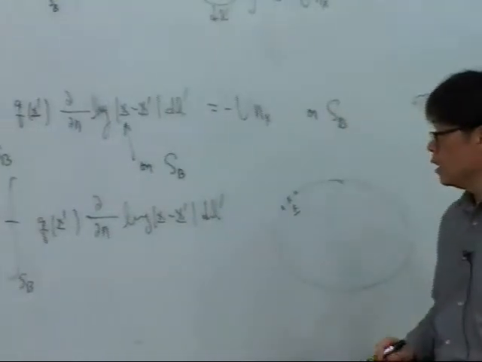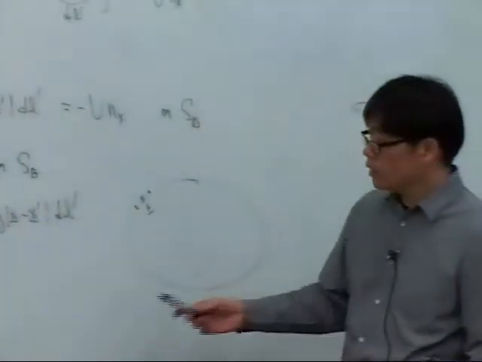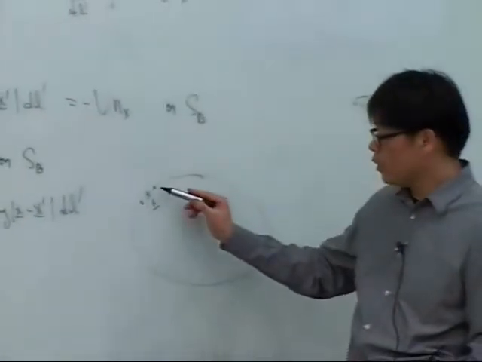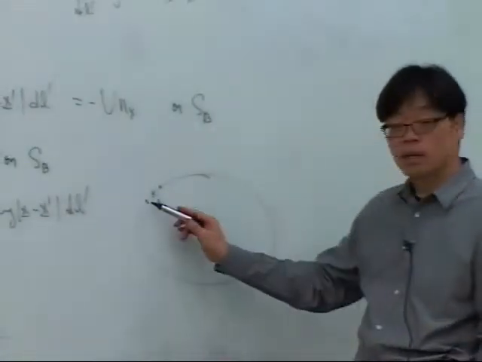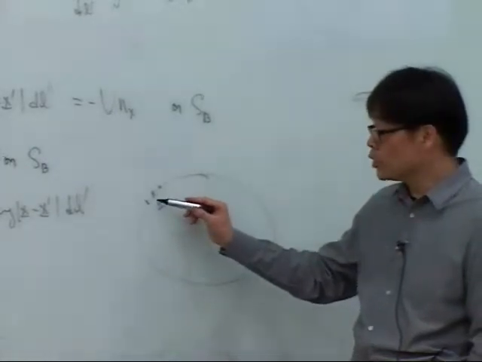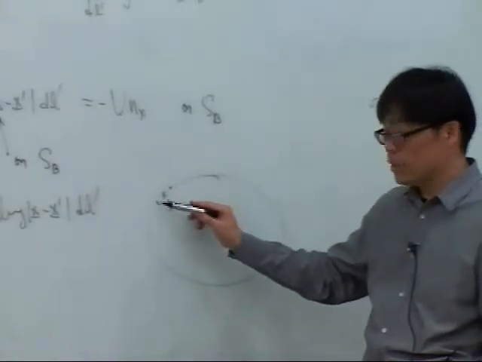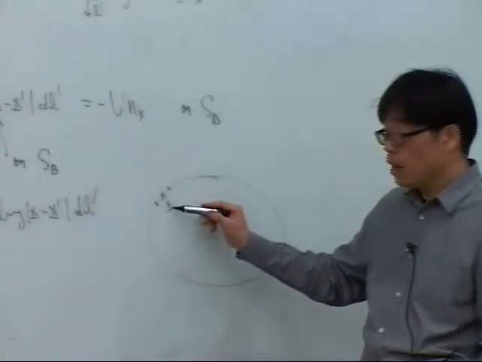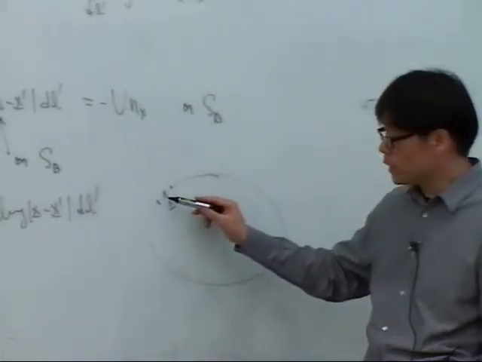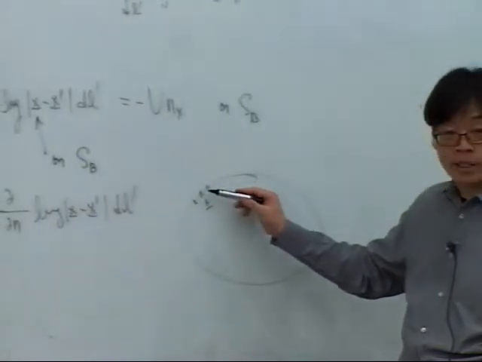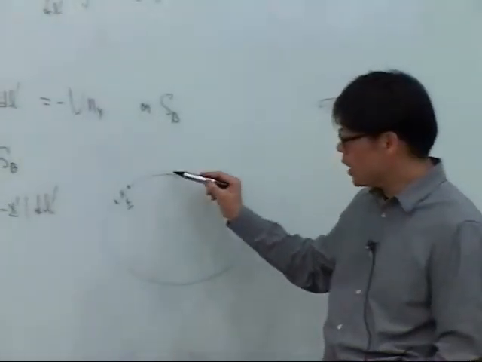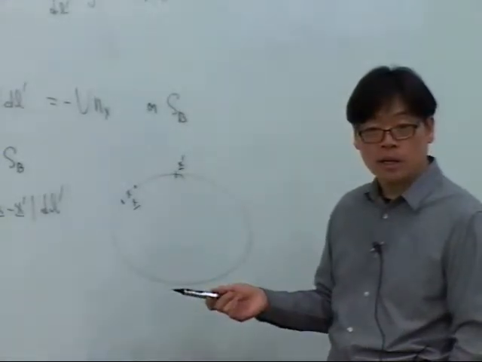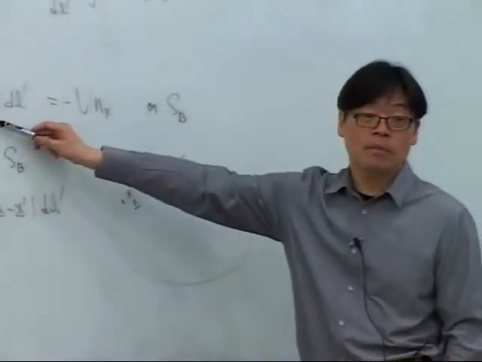Okay? So with the integration over the body, I'm integrating over everywhere else, but I exclude the neighborhood of x, because that's where I have a singularity. If my x prime is here, I'm okay, because it doesn't blow up.